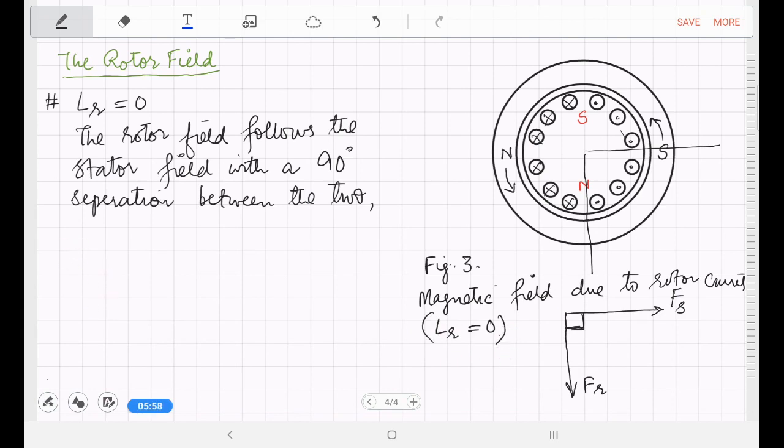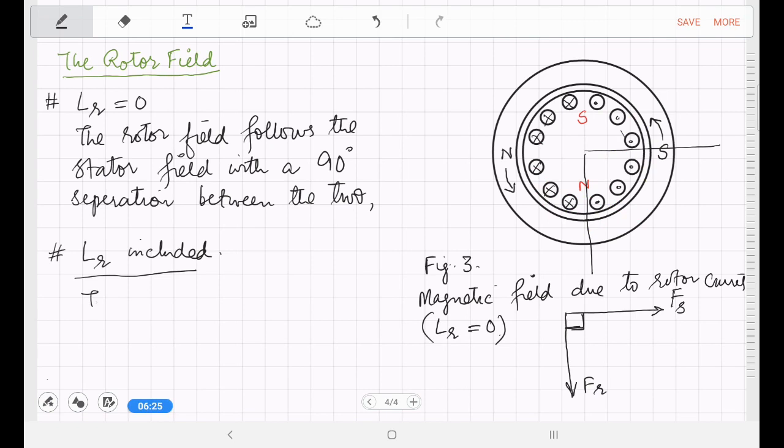Now, we know that the rotor conductors should have some inductance, and therefore with L_R included, the currents induced in the rotor circuit will not be in phase with the EMFs, but will be lagging the EMFs by an angle which we call the rotor power factor angle.